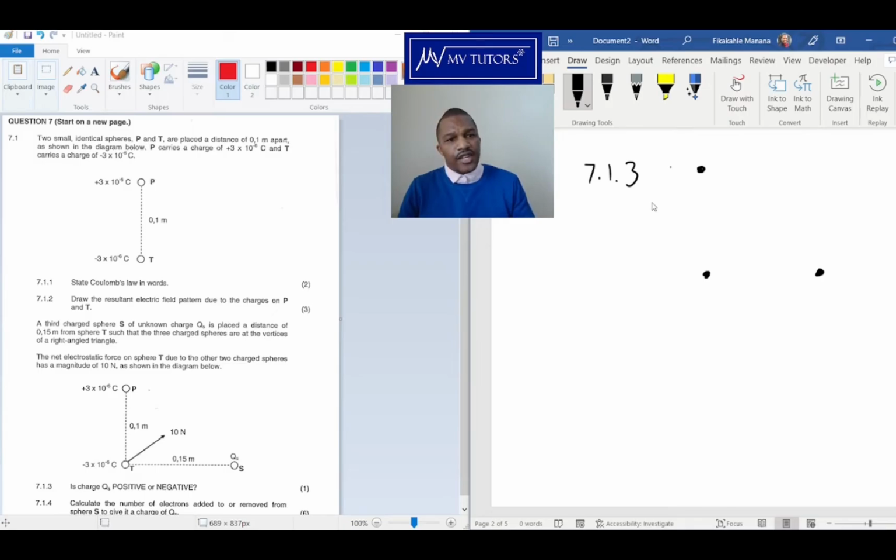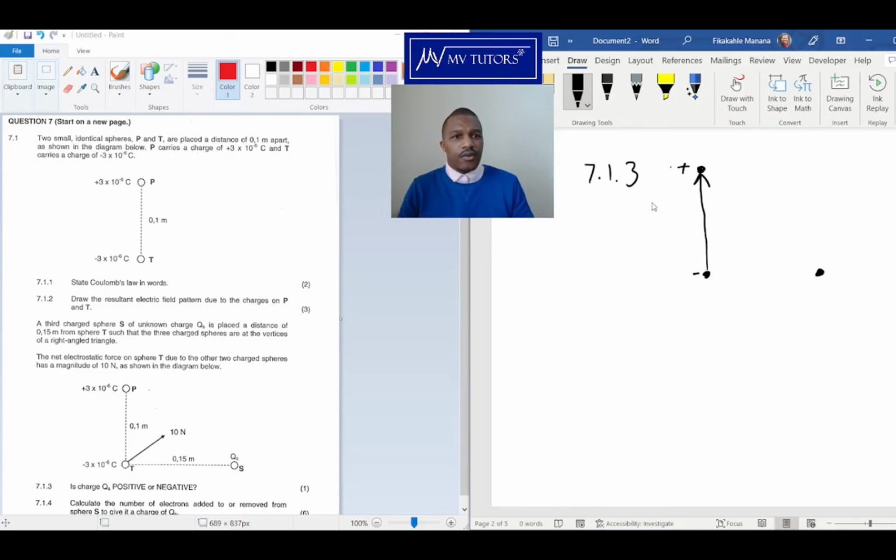What we know is that this charge here, which is negative, is attracted to this positive one, so it moves up like that.